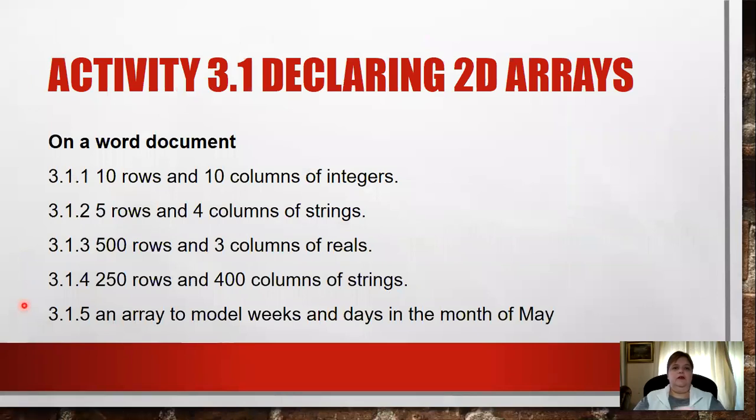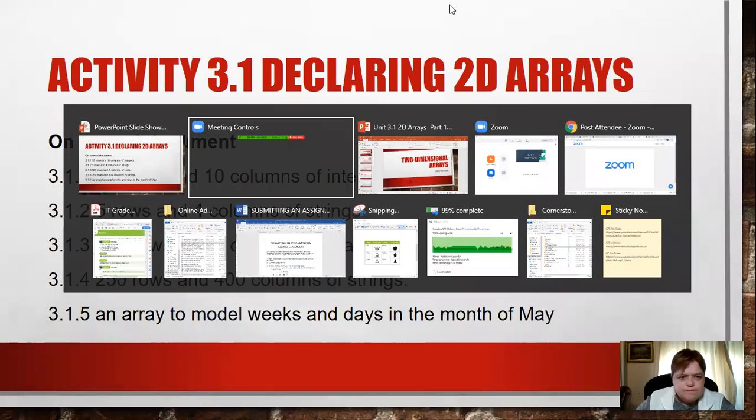Okay, so we are going to quickly take a look at this activity. I'm going to see if you can give me the answers to these. 10 rows, 10 columns of integers. Write the array for me.